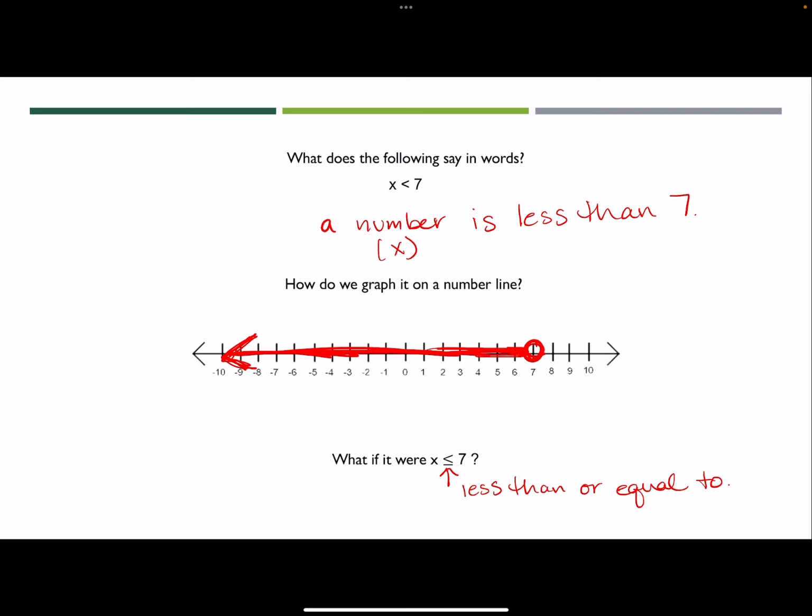So the way that would change this graph is I would fill in this circle, this point at the number 7, to indicate that I'm including that point. So this one up here got an open circle because we didn't include the number 7, and this one down here got a closed circle because we do include the number 7.